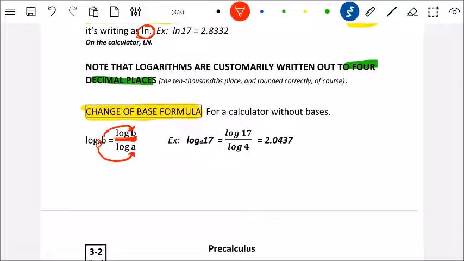So log base 4 of 17 is log base 10 of 17 over log base 10 of 4. And so with the base 10, you can just use the log key on any calculator. You divide those and you get this number, 2.0437. So know this. Okay, then you have to write it out that way.